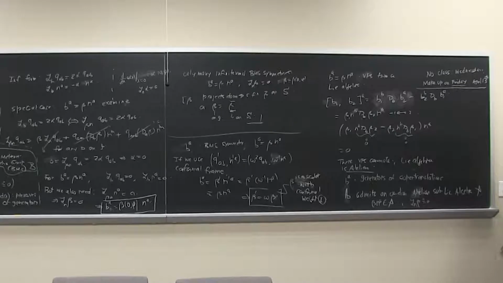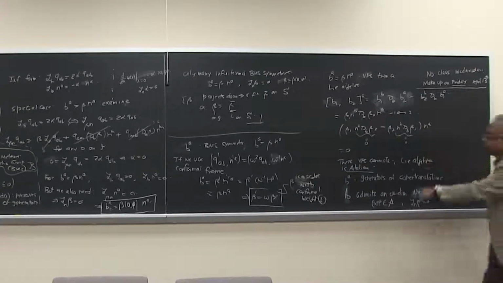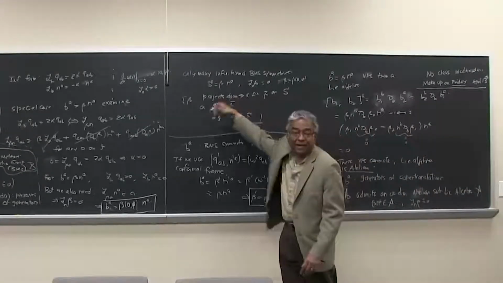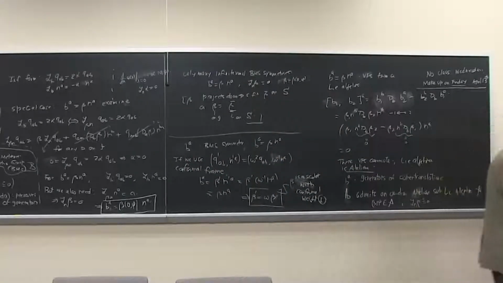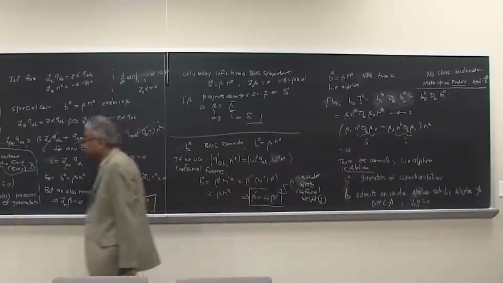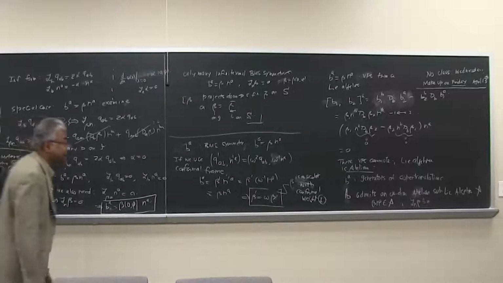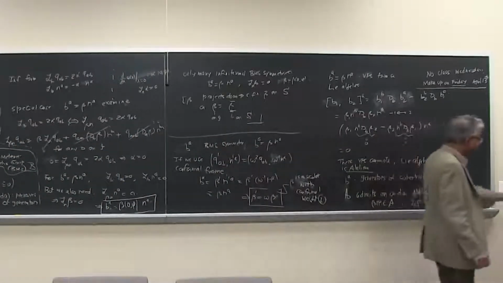Now, I just want to say that everything here is on scratch, so I don't always put hat. Every equation should have hat if you consistently use that notation. Okay, so that's the first conclusion that we drew, that in fact this is an abelian sub-Lie algebra.